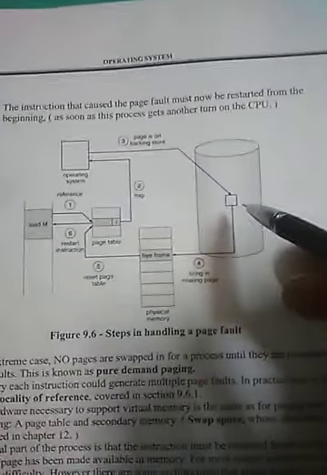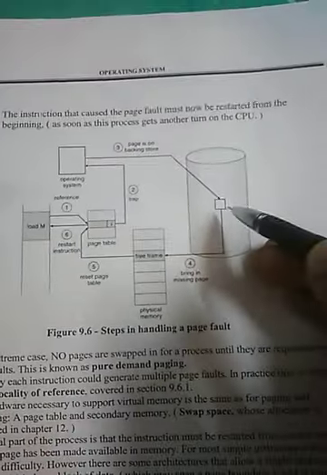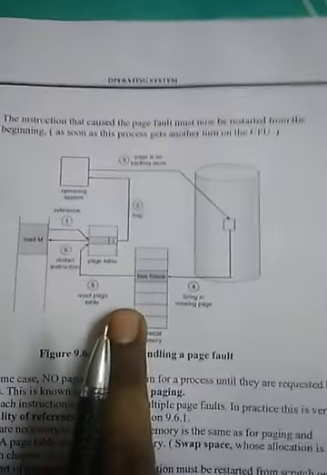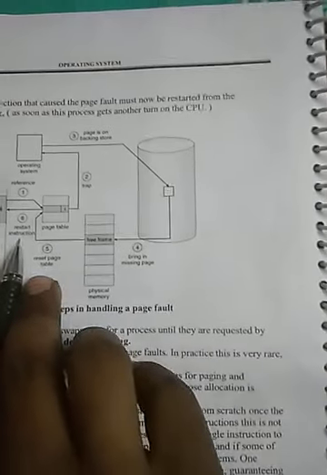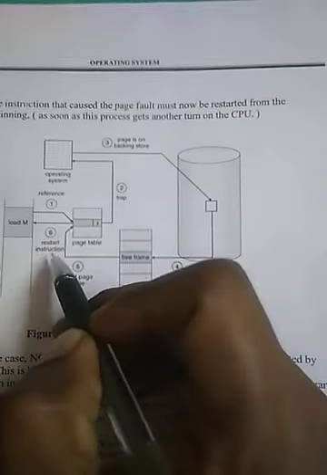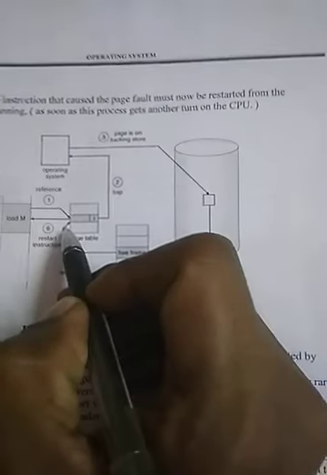If it is available, the missing page is brought into main memory. After that the page table is reset, so invalid becomes valid, and the instruction is restarted. So the page will be available.